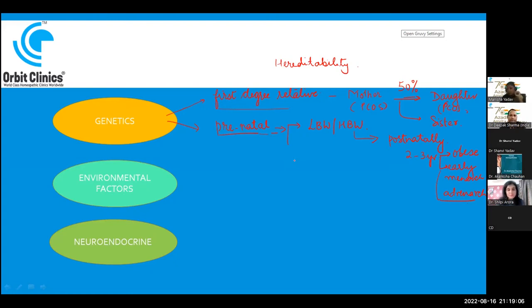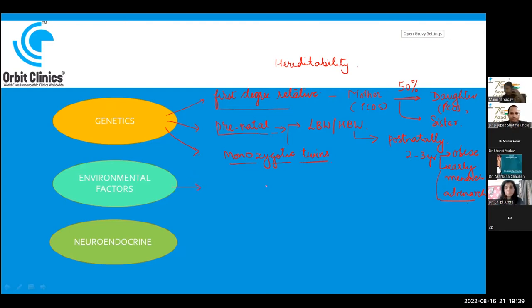So genes are very important. If she has particular genes, then only she will develop this disease. Otherwise, if she is not prone, not susceptible, then there is less chance of developing this disease. It is also seen that it is common in monozygotic twins. What are monozygotic twins?